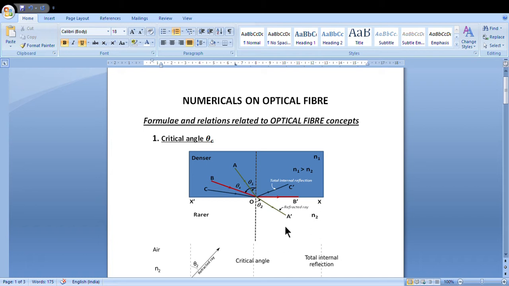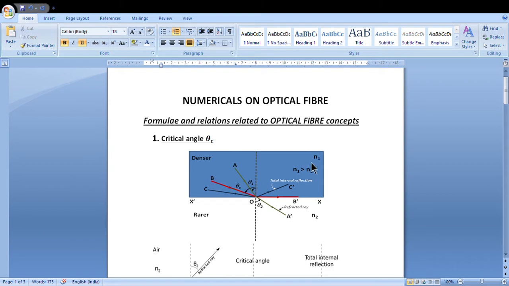Now the core idea behind optical fiber is total internal reflection. As I said, we can consider two mediums, a denser medium and a rarer medium. N1 is greater than N2, meaning this is denser and this is rarer. Let us consider a ray AO falling onto the surface of the denser medium, traveling from N1 to N2.